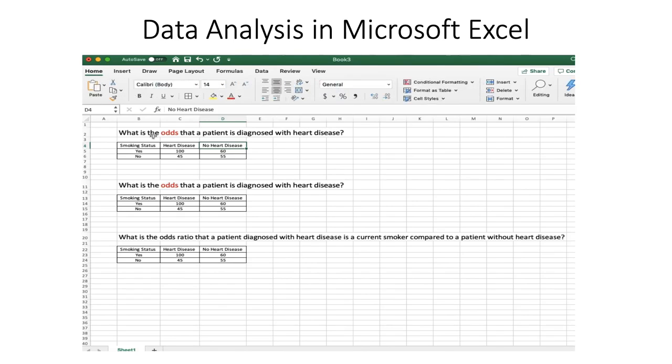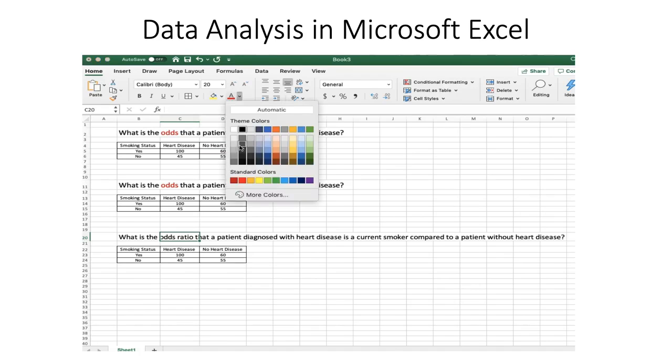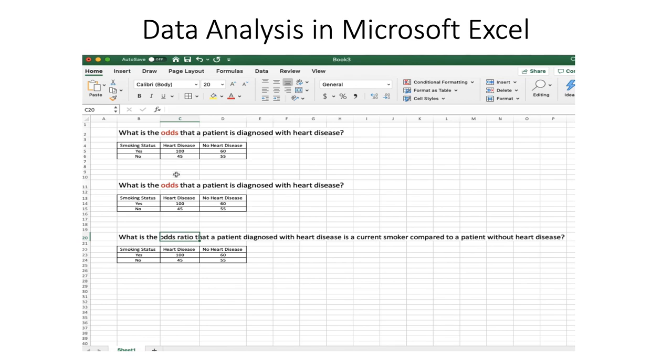So with that said, we're going to do some calculations. In the previous video, I discussed how to calculate odds ratio for the case control studies. And for the case control study, the important equation that you should know is odds ratio. What I've done here is taken that information from the previous video, and then I've just transferred it to Microsoft Excel.